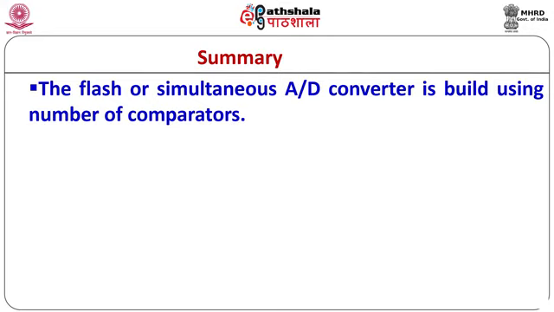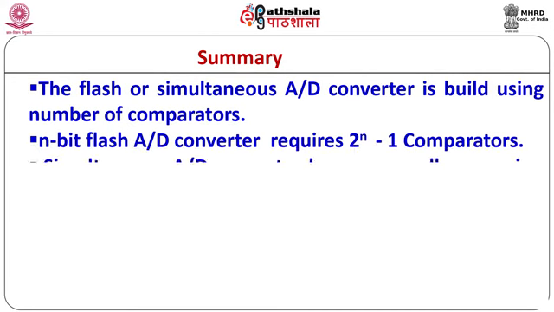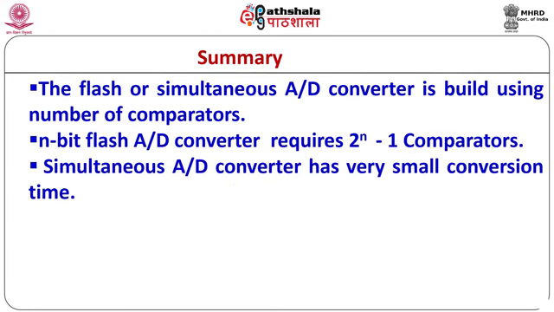It is found that this method is very fast, the conversion time is small, and that is the strongest advantage of the parallel comparator type ADC. However, for an n-bit flash ADC, we require 2^n minus 1 comparators, which increases the cost and the power consumption of the parallel comparator type ADC.